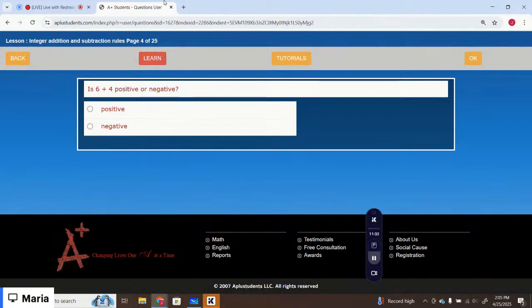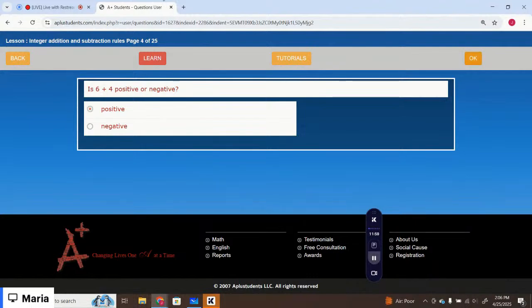Plus 4, positive or negative? Is 6 plus 4 positive or negative?